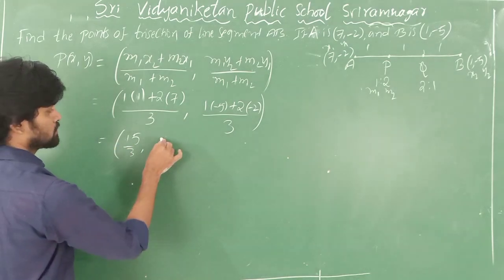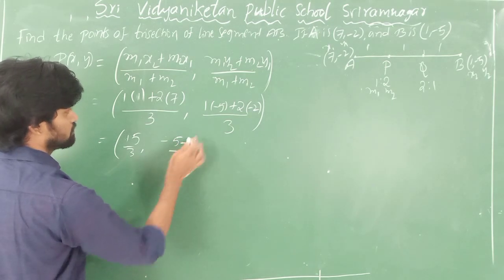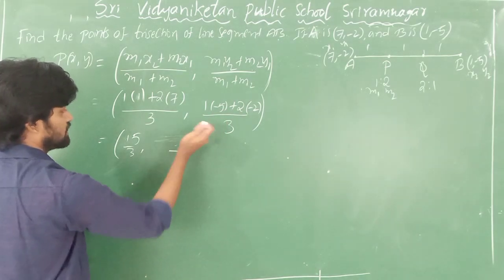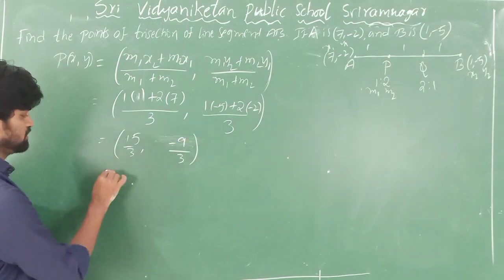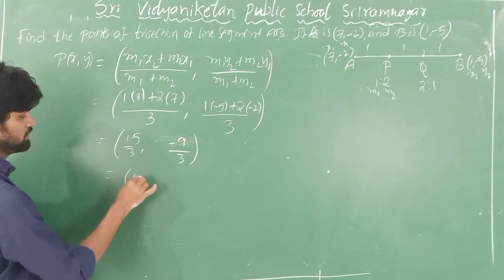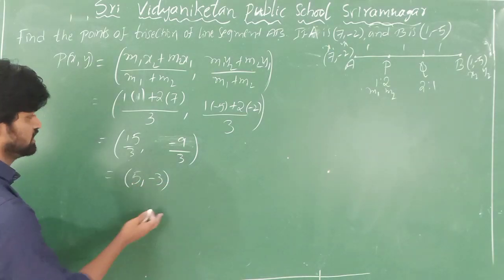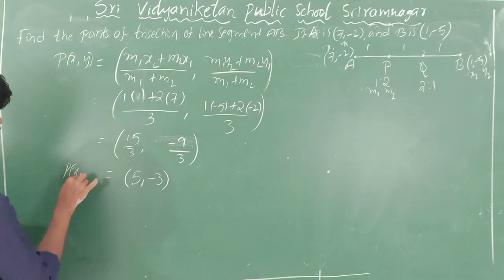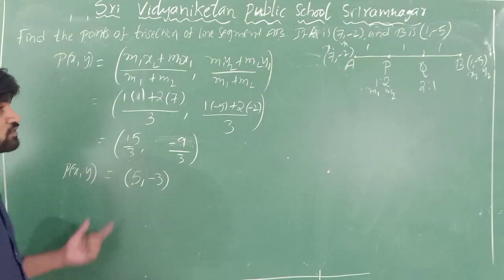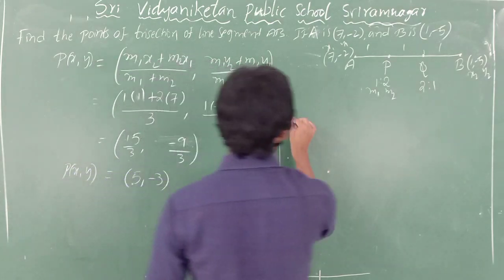Here minus 5 minus 4, we can write directly minus 9 by. Simplify this. 3 how many times? 5 times here. So 5 comma minus 3 is P. Px comma y. Still we have to find one more. What is that? Q. So here we do Q.